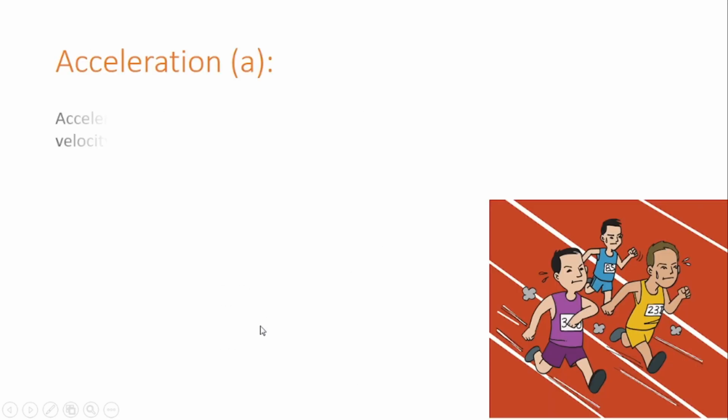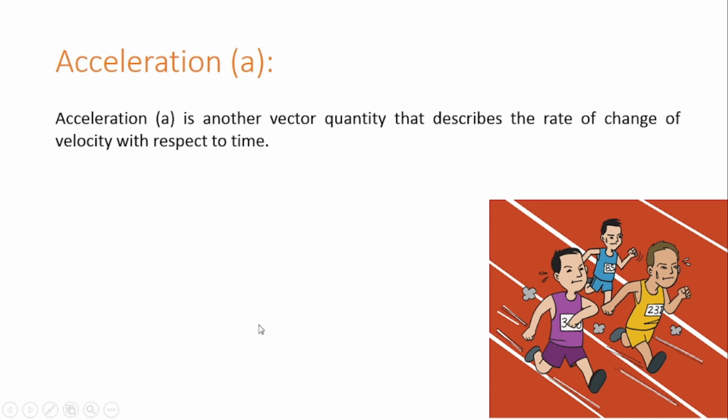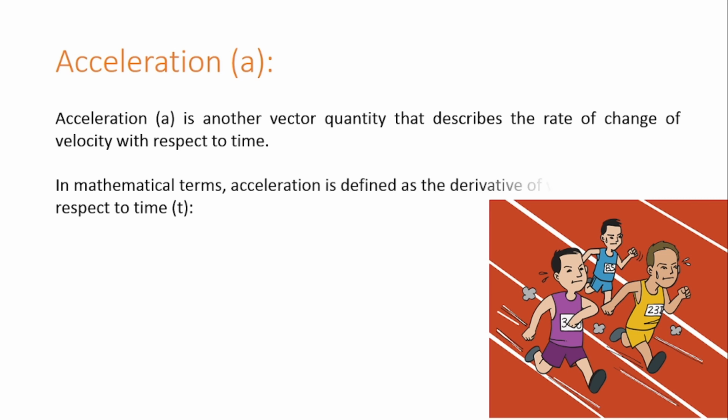The second most important term here is acceleration. Acceleration can be defined as the rate of change of velocity with respect to time, and mathematically it can be represented as a is equal to dv by dt. The unit of acceleration is meter per second square, and it is represented by the small letter a.